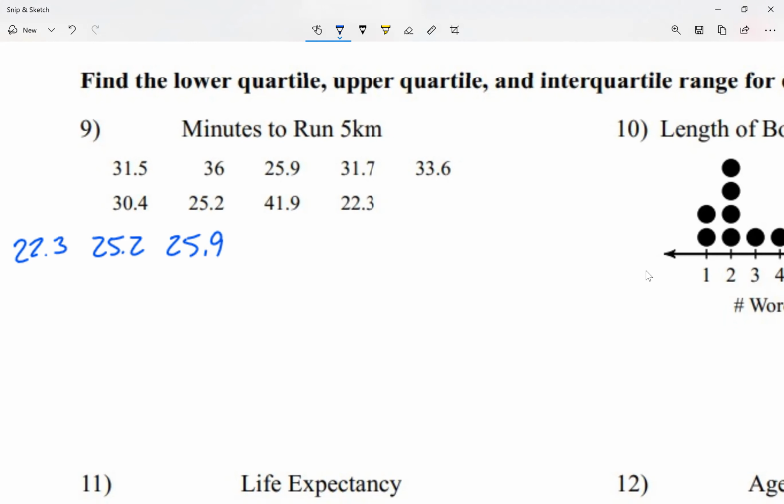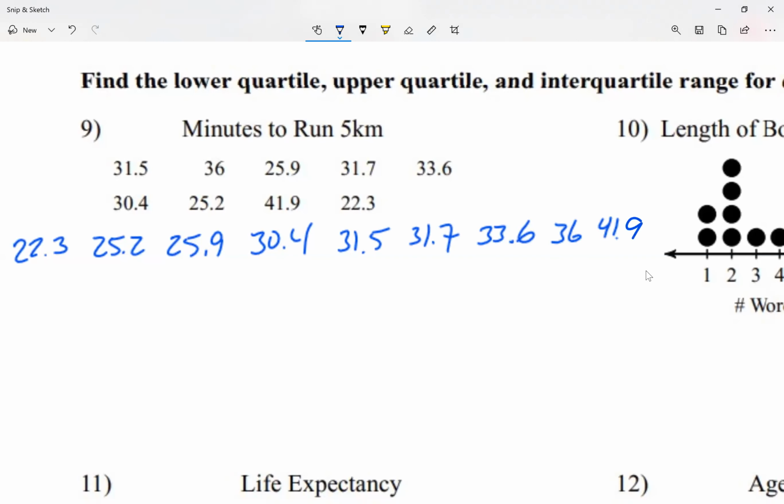Now the 30s, I have 30.4, 31.5, 31.7, 33.6. And then we have what? 36. And then lastly, 41.9.